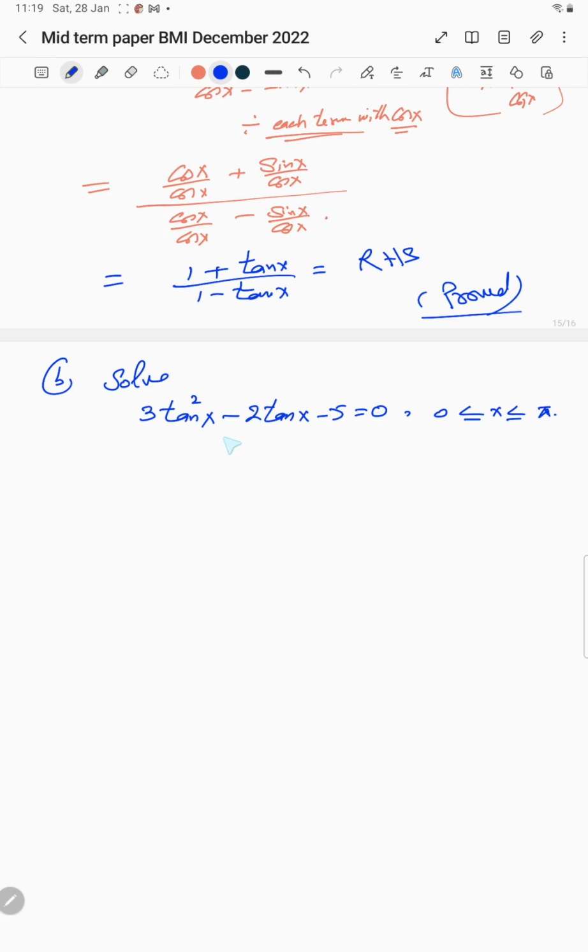Okay, here let y equal to tan of x. So it means y square will be tan square of x. Replace here, we get 3y square minus 2y minus 5 equal to 0.